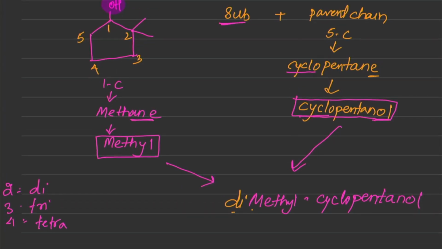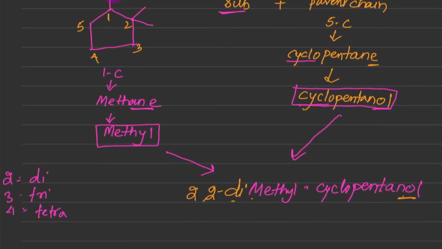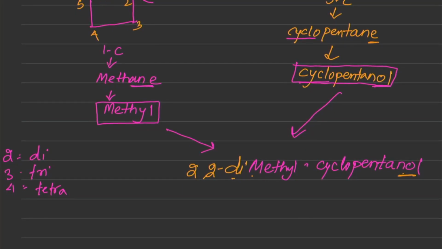So I'm going to put 2,2-dimethylcyclopentanol. We don't need to put 1 there because the 1 is by default. So we wrote both of the number 2 comma 2 and dimethyl.